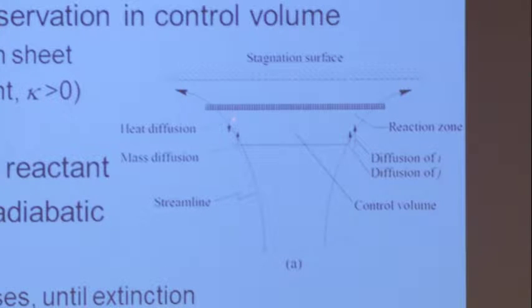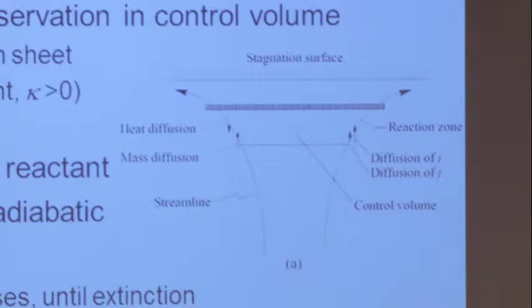Heat diffusion is going forward. Diffusion is always normal to my surface, right? So heat diffusion goes this way, and mass diffusion goes this way. Now, the thing I want to recognize is that the heat diffusion is leaving my control volume, going outside, whereas mass diffusion is entering my control volume due to this flow. So what does this mean?